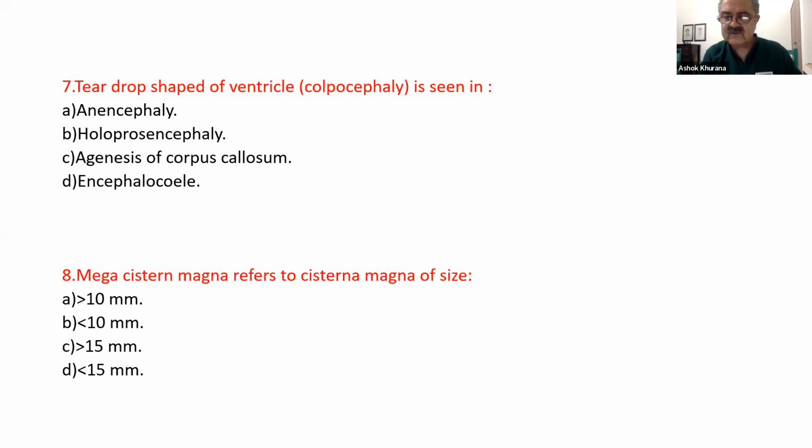It is tricky to see the corpus callosum. It can be directly visualized only in a mid-sagittal view, which is not a routine view when we do our anomaly scans. And therefore the indirect views, so to look for teardrop shape and then to go on to look for the fox, etc., becomes extremely important. And then to refer, saying, yes, I don't see things correctly. And so the answer, of course, is agenesis of corpus callosum, and it's important to look at the morphology.